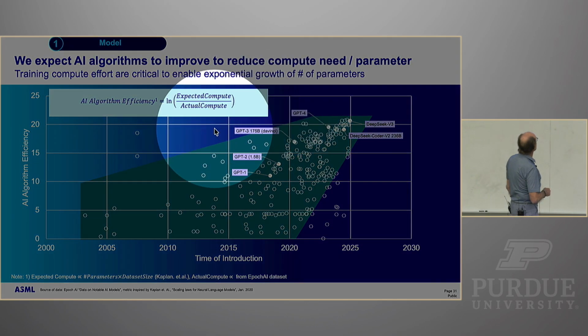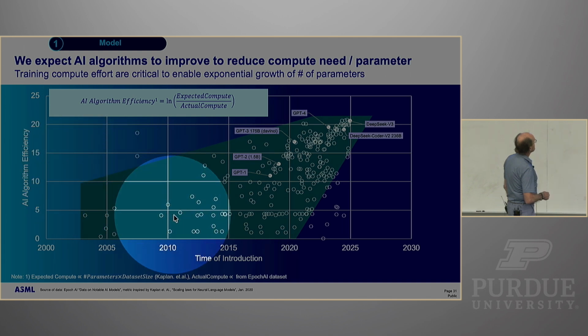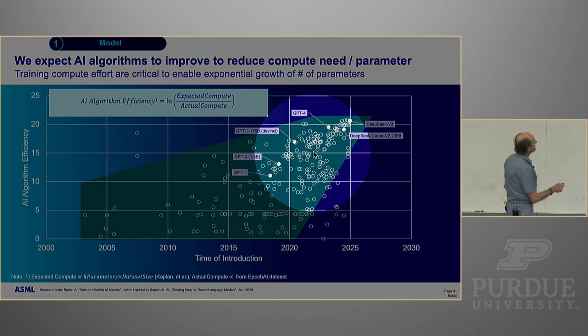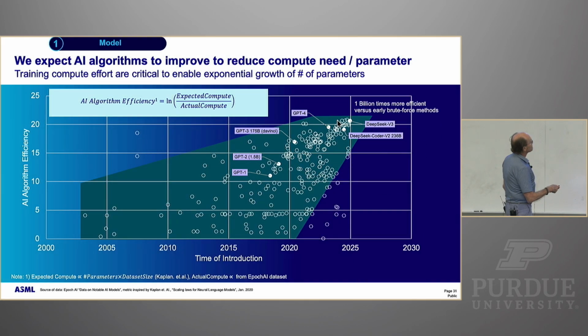What you now see is algorithmic efficiency compared to the early times when we started to smell that AI could do something, and where we are now, and you see DeepSeek and ChatGPT-4. Basically, our software buddies have been so smart that they're 1 billion times more efficient in training these new models. But I'd like to see another factor of 1,000 out of them. Let's see what they can do.